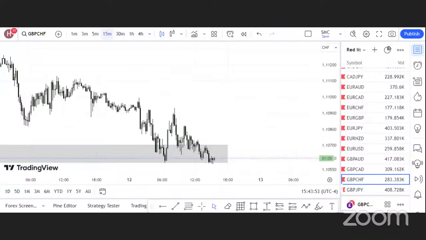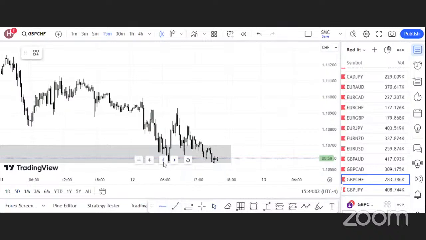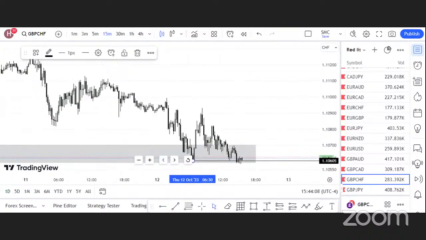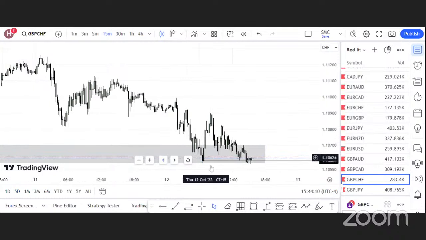So now what we are looking for here is a buy opportunity because you see, we want to see the rejection this is going to create.